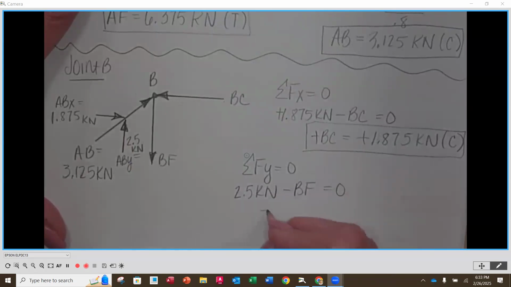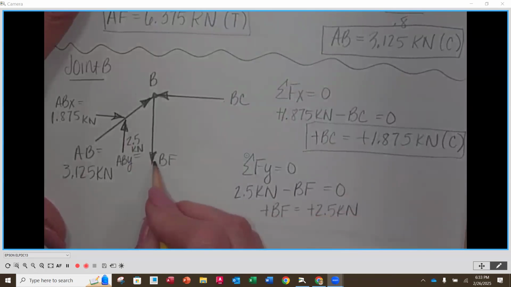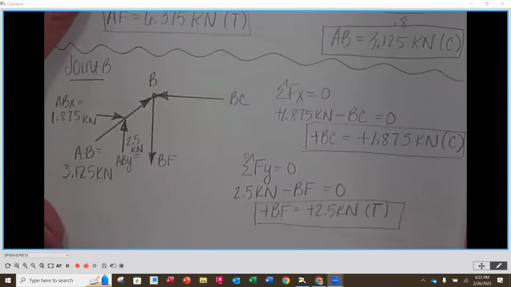Pushing that to the other side, we have a negative BF equal to a negative 2.5 kilonewtons. The negatives become positive, confirming the direction of BF. Its magnitude is 2.5, and is it in tension or compression? Tension. Tyler says tension. You are correct. It's pulling away from the joint. So that means it's in tension.